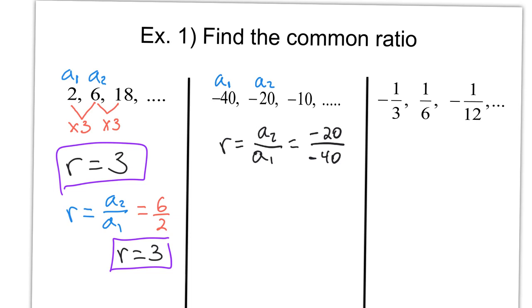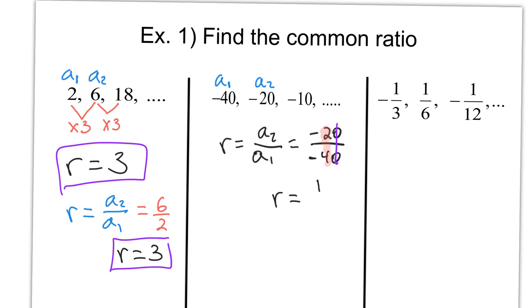You know you can cancel the zeros in a fraction. A negative divided by a negative is positive, so those two negatives turn positive. And you can reduce the fraction 2 over 4. Let me highlight that for you. 2 over 4 is 1/2.